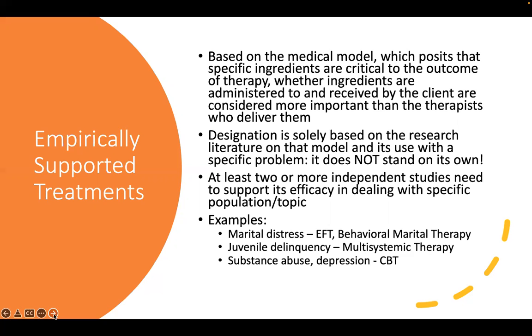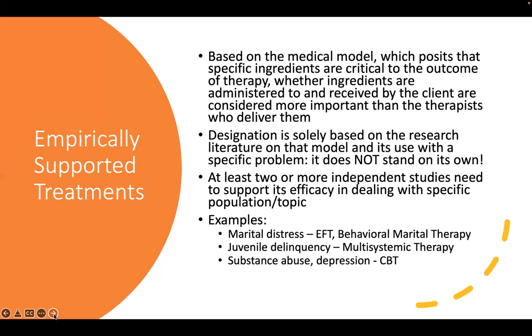So, an empirically supported treatment. For example, with marital distress, behavioral marital therapy is specifically empirically supported. It may not be useful with something like couple communication; it's specific to marital distress.